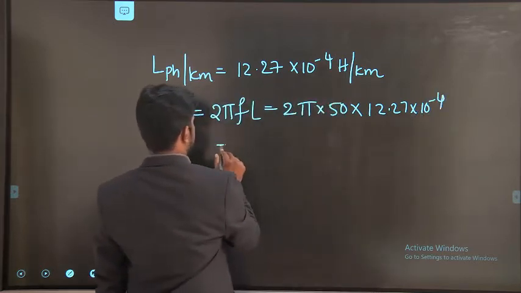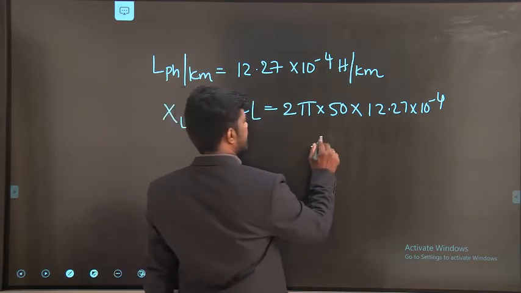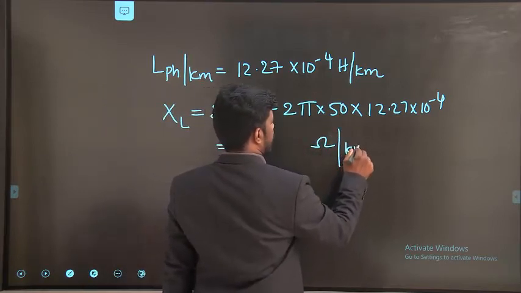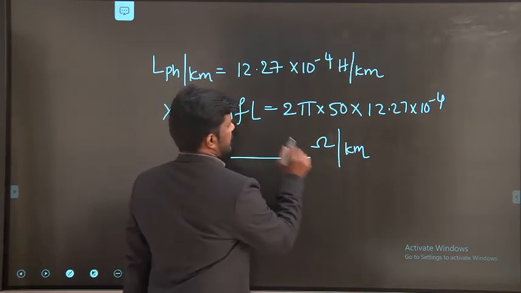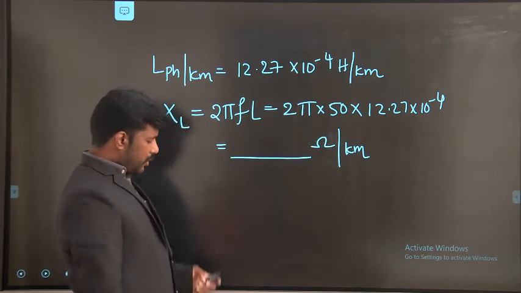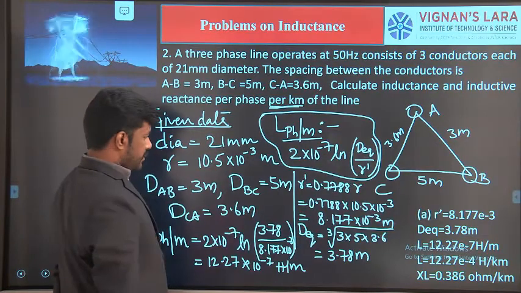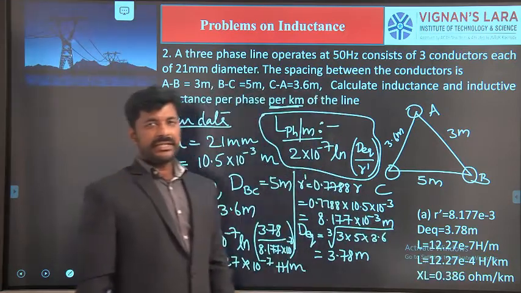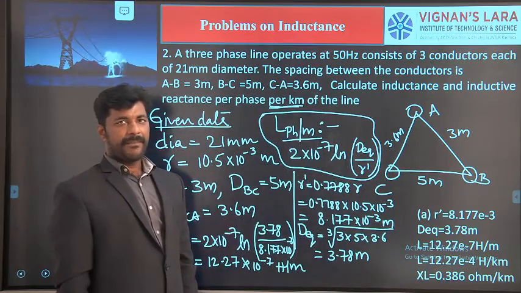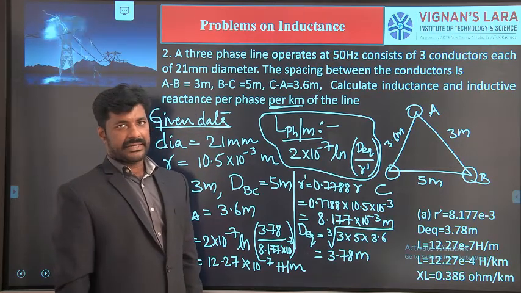Then you will get an answer whose magnitude can be calculated here, and the unit is ohms per kilometer length. Okay, so I am leaving this magnitude to you. Anyhow, that magnitude you will get is 0.386 ohms per kilometer. This is the value of inductive reactance.